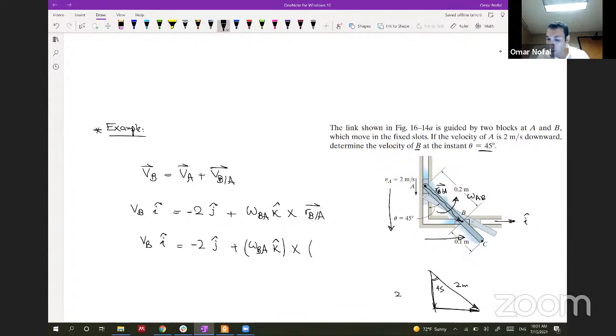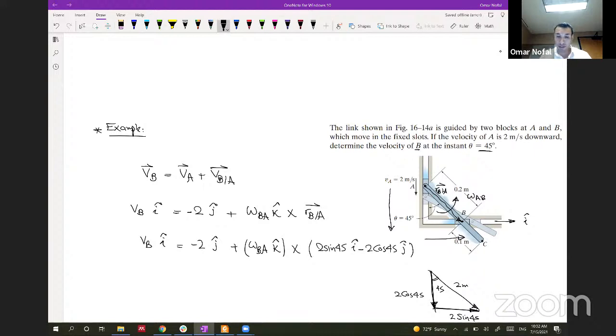This will be 2 cosine 45, and this is 2 sine 45. So it will be 2 sine 45 in the I hat and -2 cosine 45 in the j hat.